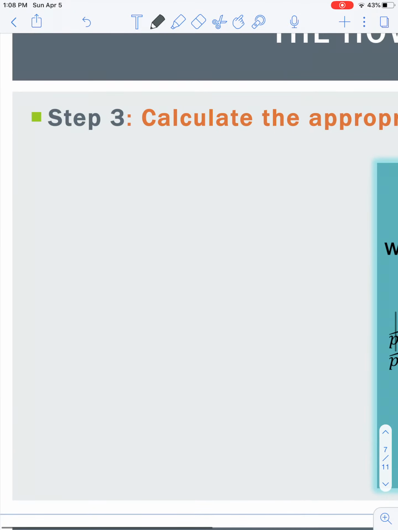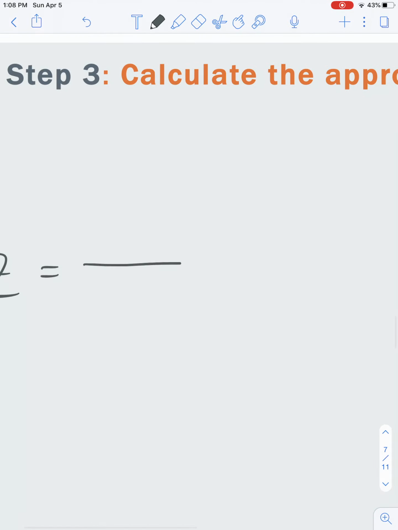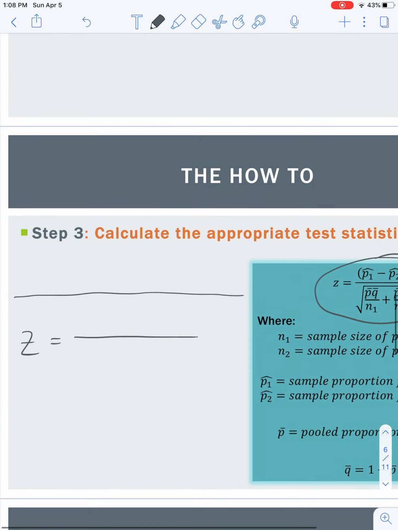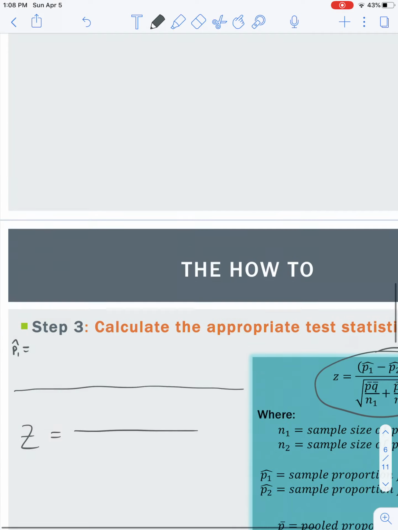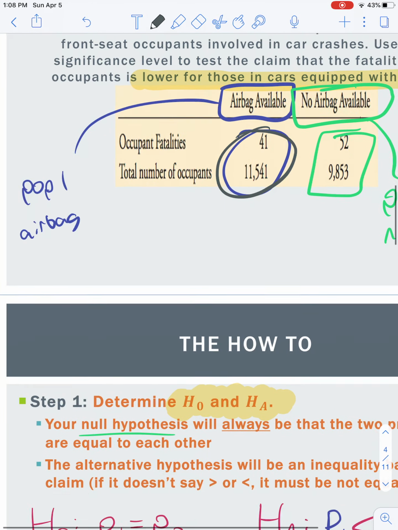So I'm going to go down here like halfway, and I'm going to write z equals, and make it a big fraction. And then I'm going to give myself a little space up here to do some of the calculating. Okay, so let's figure this out. So I'm going to go and find my p1 hat, which for population 1, it was 41 out of 11,541.